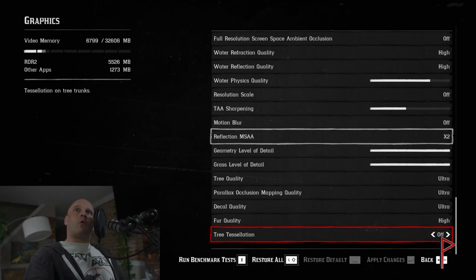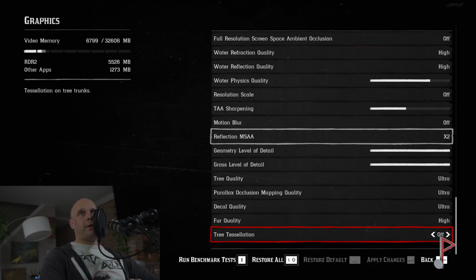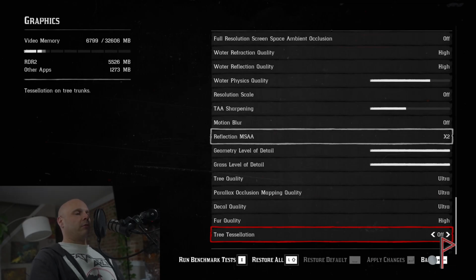Water physics quality is actually more CPU intensive than GPU intensive and involves real-time calculations of how water should move and interact with objects around it. Water reflection quality is more GPU dependent, and it's really cool. It's basically like taking a camera and putting it underwater.